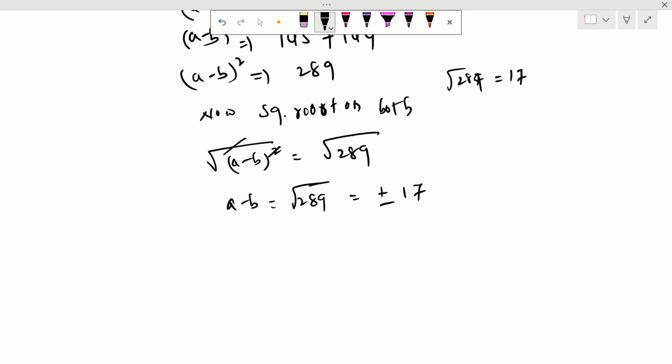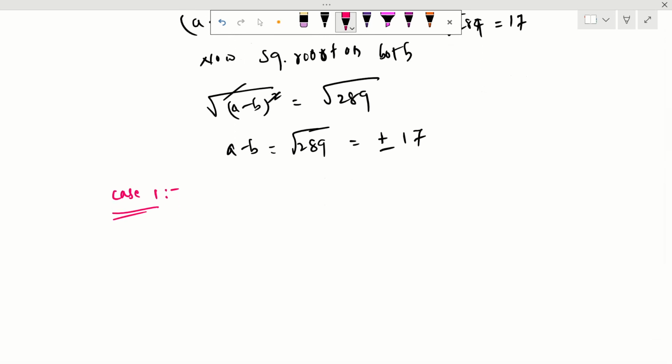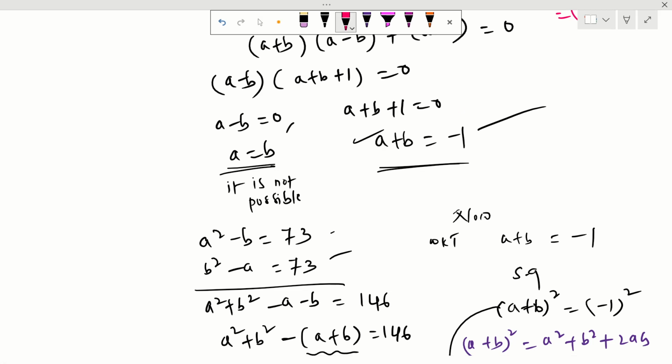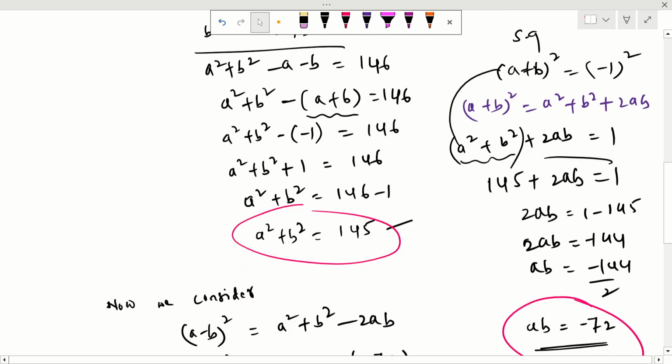We will have two cases, one is plus 17 and the other is minus 17. So we'll find the value of a and b for case 1. I will take plus 17 first, right? So a minus b equals plus 17, and I am adding this with the equation a plus b is equal to minus 1, as previously we have expressed.